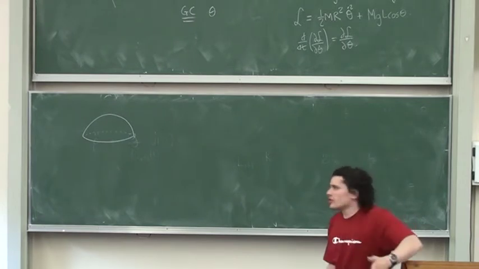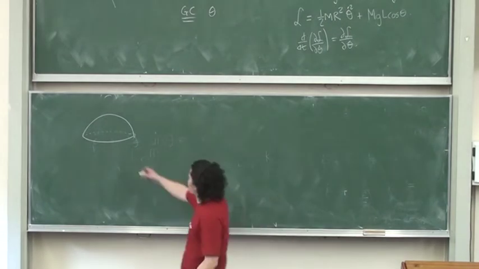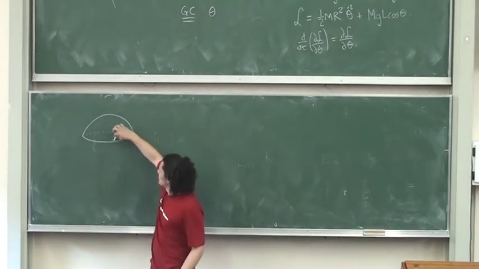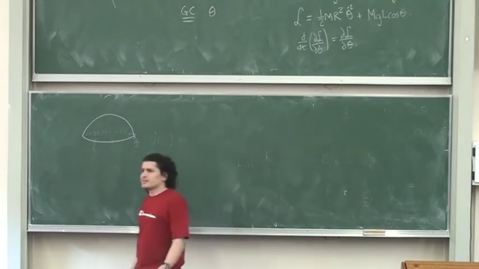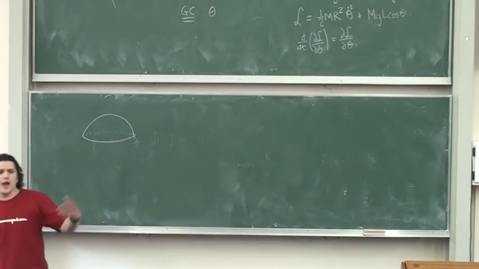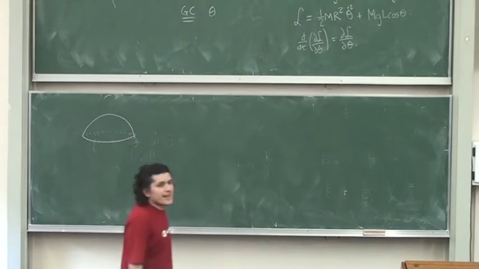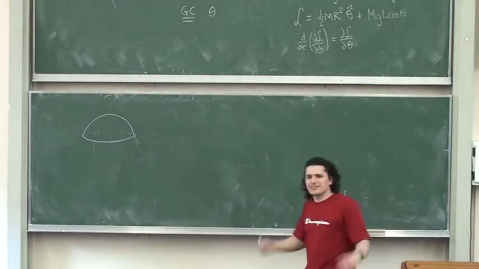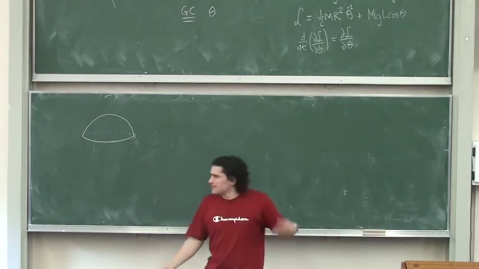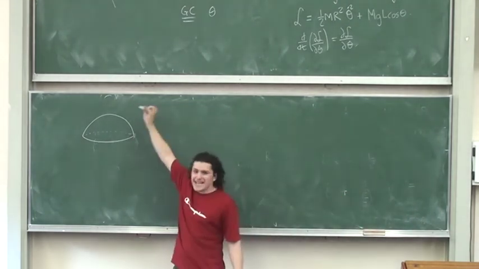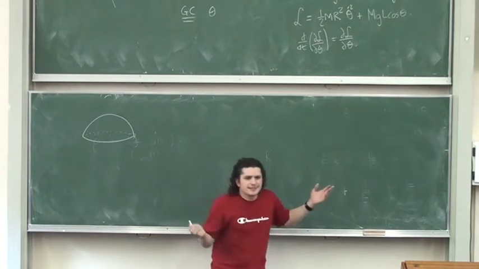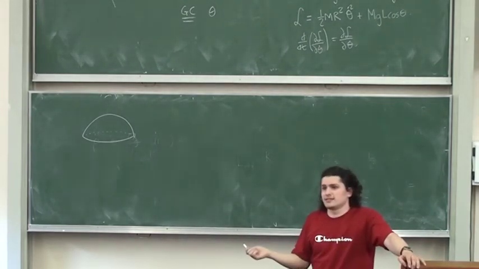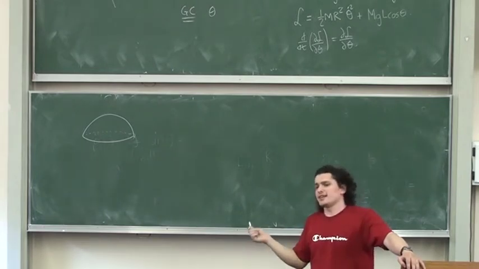A non-constant density could mean all the density is here. It could mean the density varies radially from the middle. It could mean the density varies as the square of the radius from the middle, as the cube of the radius, as the absolute value of sine of the radius. You can make it a function of the radius, you can make it a function of the height. You can play indefinitely these games of changing the density distribution and asking, in that case, where's the center of mass? In that case, what's the moment of inertia?